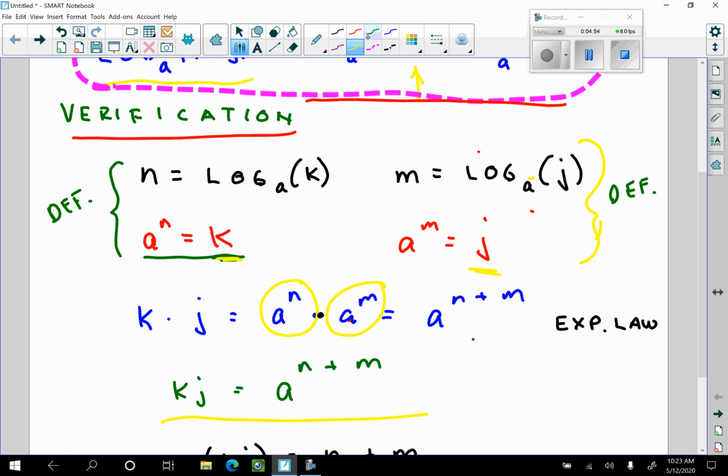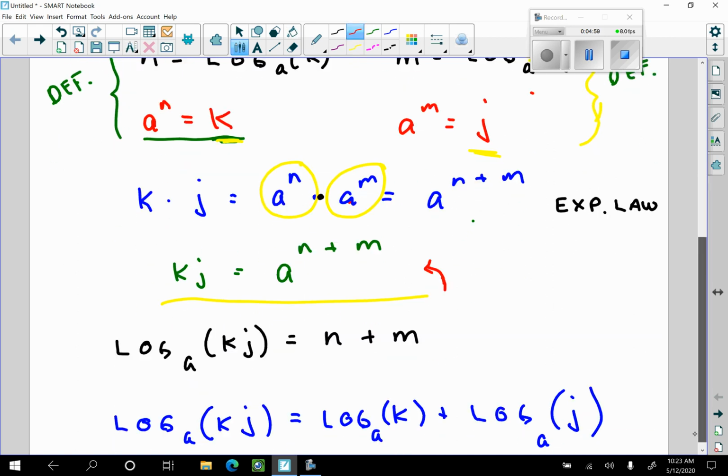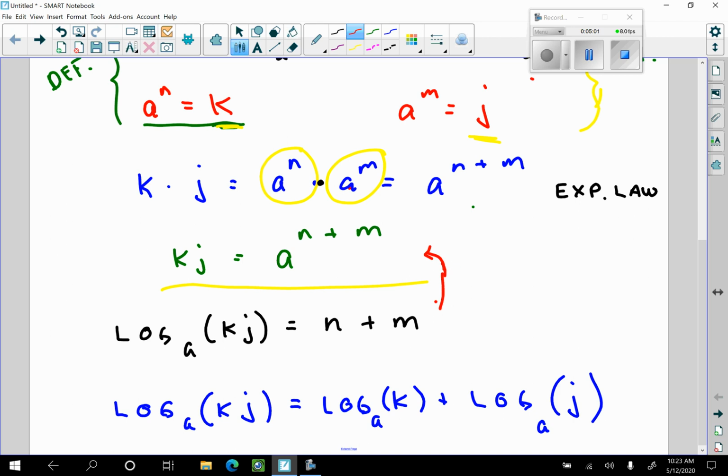We're going to take this statement right here, and we're going to write that with the logarithm, because I have the base a, and this is my exponent. The logarithm equals the exponent. So I have a to the n plus m is equal to k times j. That says log base a of k times j is n plus m.